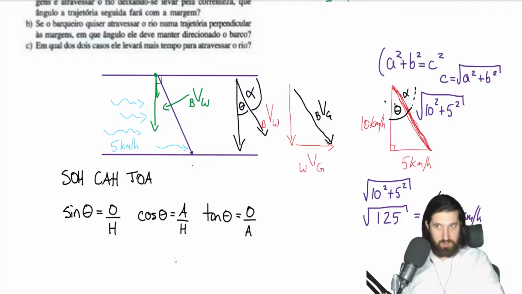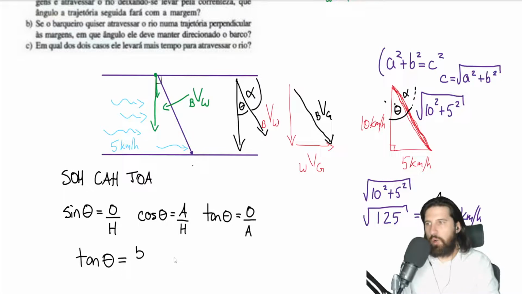If we hadn't solved for this, we wouldn't have that, but we did, so we could actually use any of them. Let's use the one we would use from the start. We would use tan because we have the opposite, the O, which is 5, and the adjacent, the one next to it, which is 10.